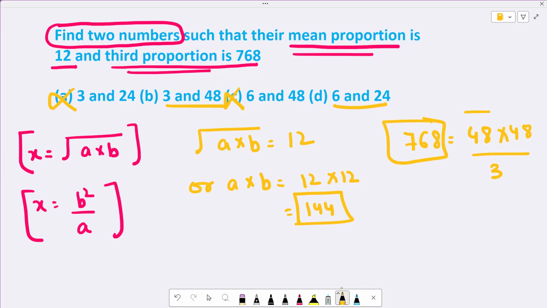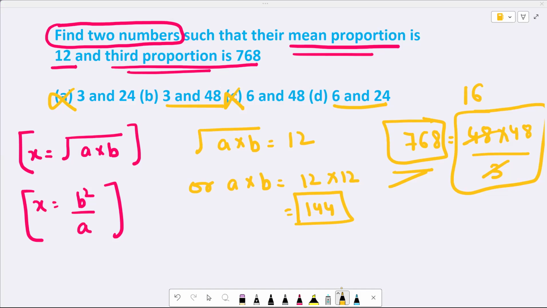And we can check whether these two parts are equal. On multiplying them, we get the product as 768. And therefore 3 and 48 are the two numbers that we have here. Therefore, this will be the answer to this particular question.